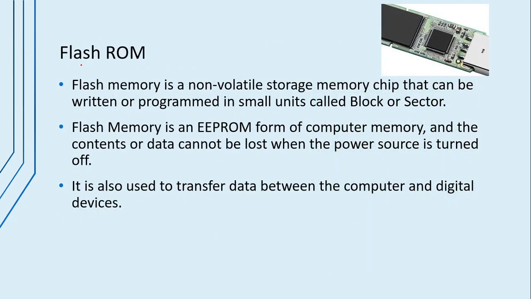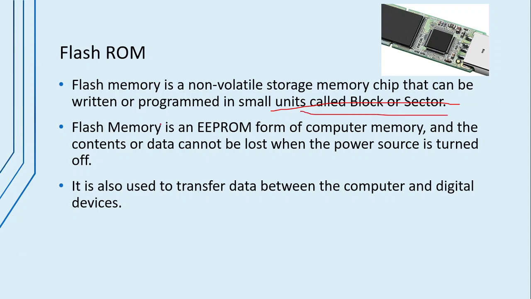Next category is the flash ROM. Sometimes it is also known as flash memory. Flash memory is a non-volatile storage memory chip that can be written or programmed in small units called blocks or sectors.